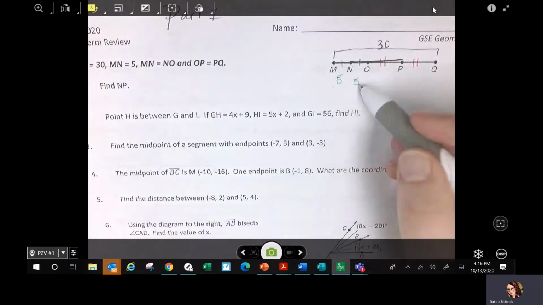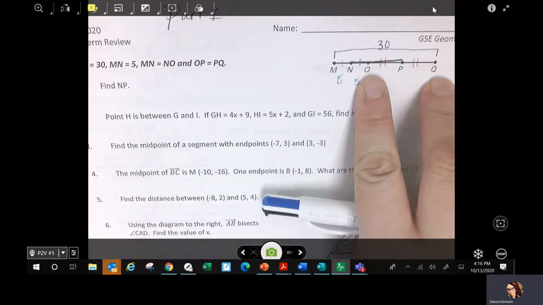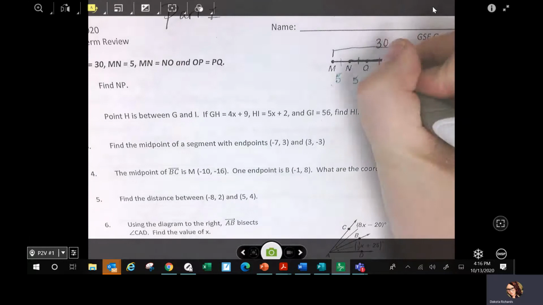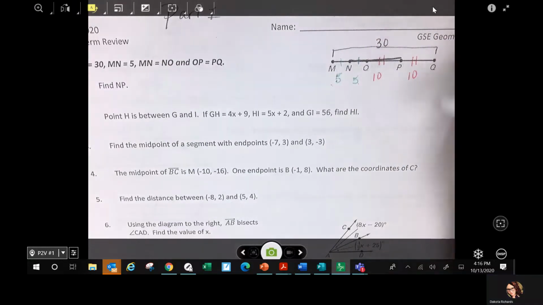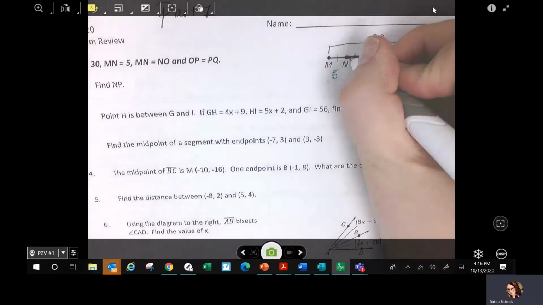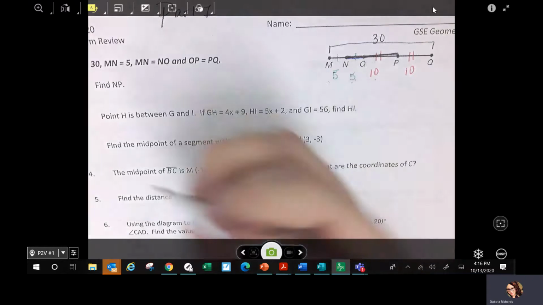So we've got 5 and 5, that makes up 10. And the rest have to get you to 30, but they're going to be congruent. So this has to be 10, and this has to be 10. So now if you were to find from N to P, that's going to be 5 plus 10, which is 15.